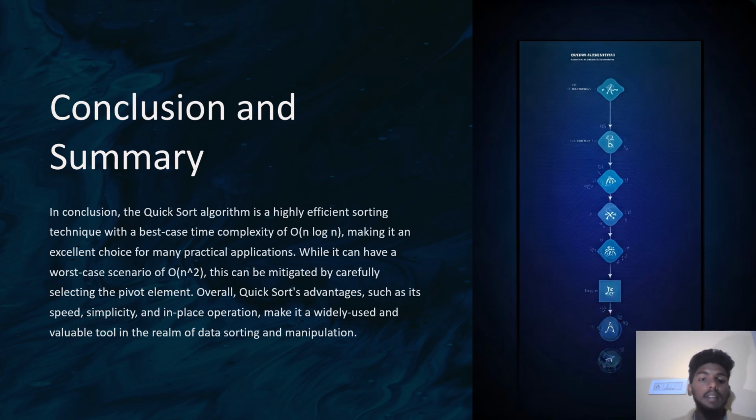While it can have a worst case scenario of O(n²), this can be mitigated by carefully selecting the pivot element. Overall, Quicksort's advantages such as its speed, simplicity, and in-place operation make it a widely used and valuable tool in the field of data sorting and manipulation.